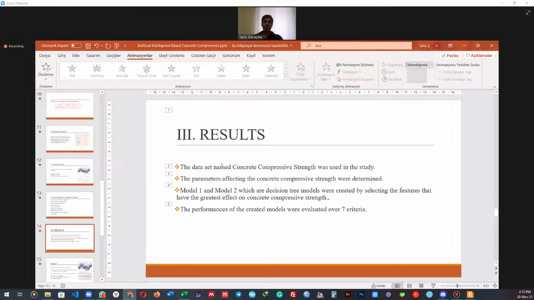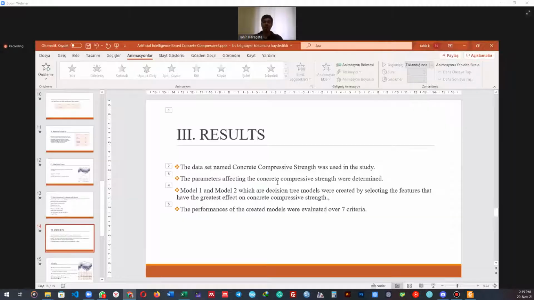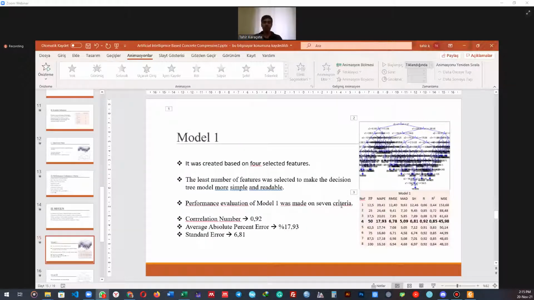Results. The dataset named concrete compressive strength was used in the study, and the parameters affecting the compressive strength were determined. Model 1 and Model 2, which are decision tree models, were created by selecting the features that have the greatest effect on the compressive strength. And the performance of the created models was evaluated over 7 criteria.